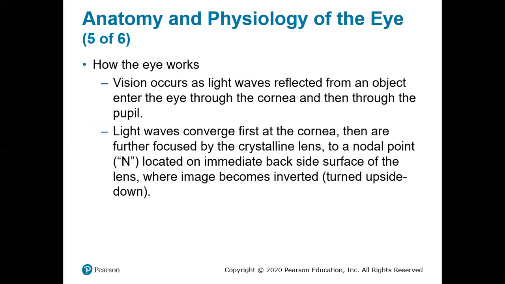So how the eye works. Vision occurs as light waves reflect from an object, enter the eye through the cornea, then through the pupil. Light waves converge first at the cornea, then are further focused by the crystalline lens to a nodal point located on the immediate backside surface of the lens, where the image becomes inverted or turned upside down.